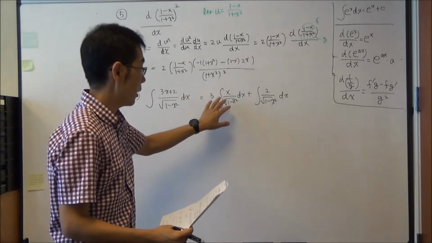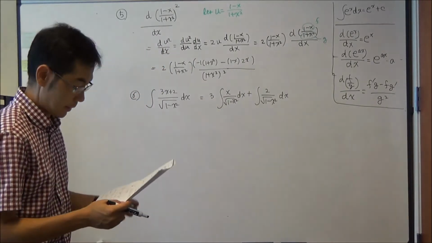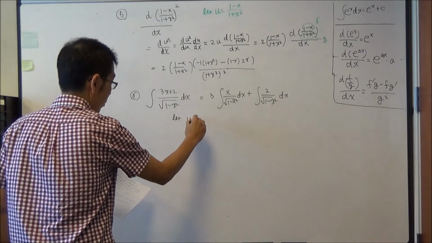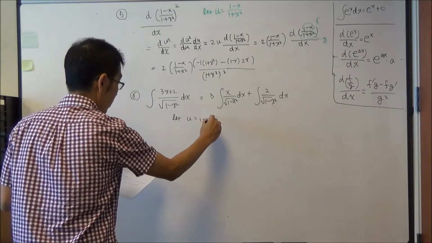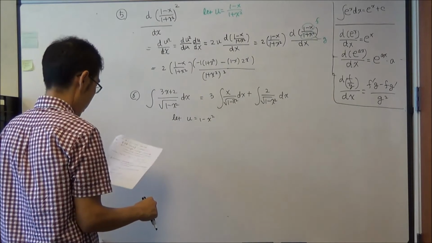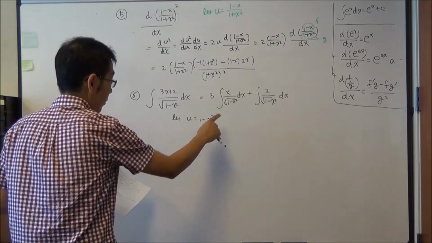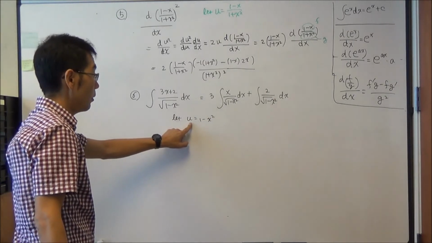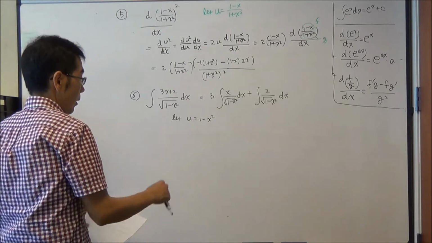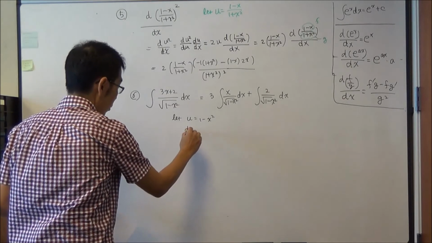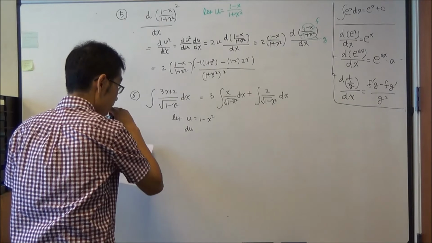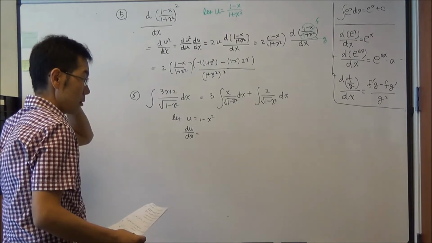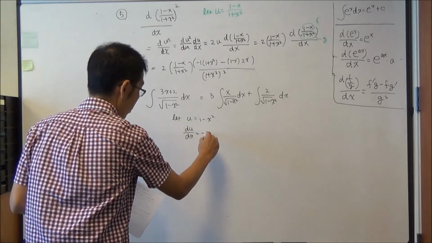We break down our integration into two parts, and then let u be 1 minus x squared, okay? Because I want to replace the bottom part with a simpler term, which is u here. And then how about du over dx? Since we define u as 1 minus x squared, du over dx is minus 2x, right?